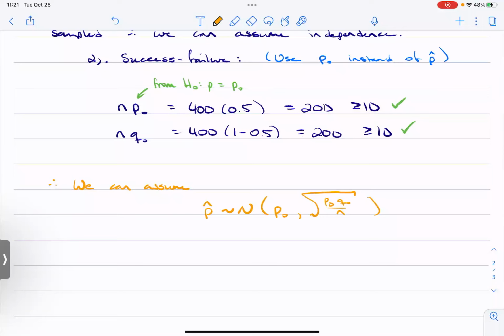If we know it follows a normal distribution and we know the center and we know the spread, we know how to solve problems like that.